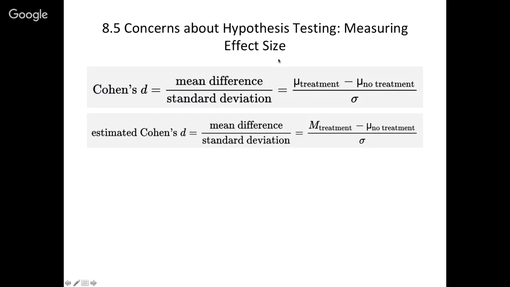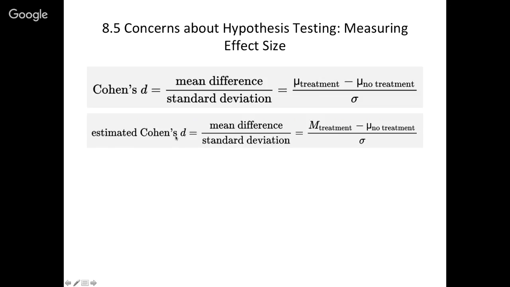So in the previous chapter, we know the sample mean is an unbiased estimate of the population mean. So if we don't know the population mean after treatment, we can estimate Cohen's d. I estimate the effect size like this.